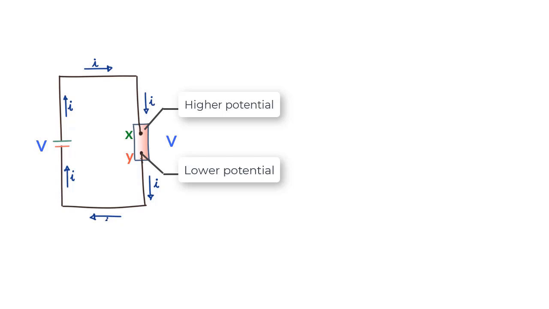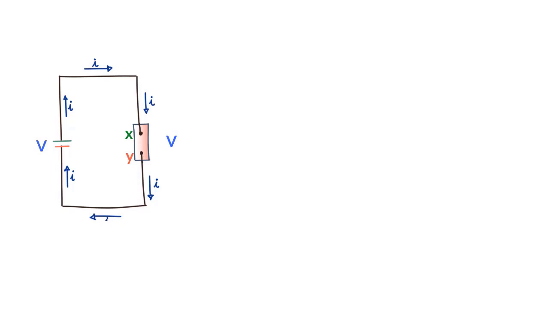If charge dq moves between terminals X and Y in time dt, then since current is nothing but the rate at which charge moves, current I equals dq upon dt, or dq equals I times dt.